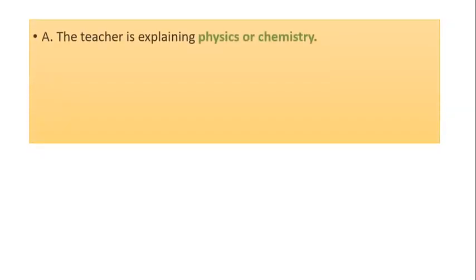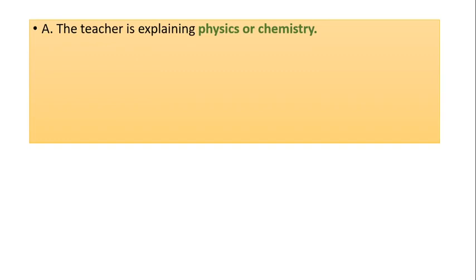Great. So the first question, a teacher is explaining, as we can see, physics or chemistry. The place is the classroom, a scientific classroom, or we can say also she is in a laboratory, maybe physics, maybe chemistry, maybe another school subject like science.